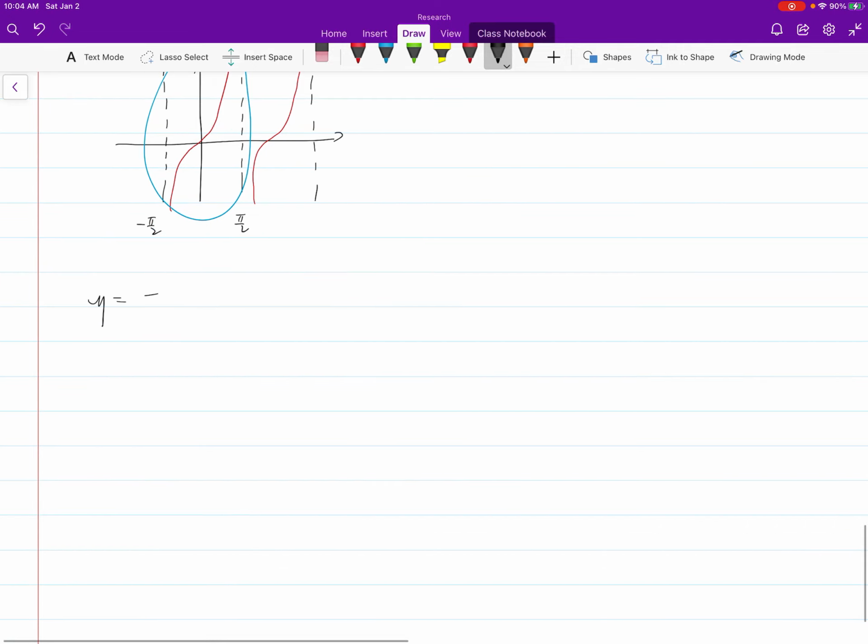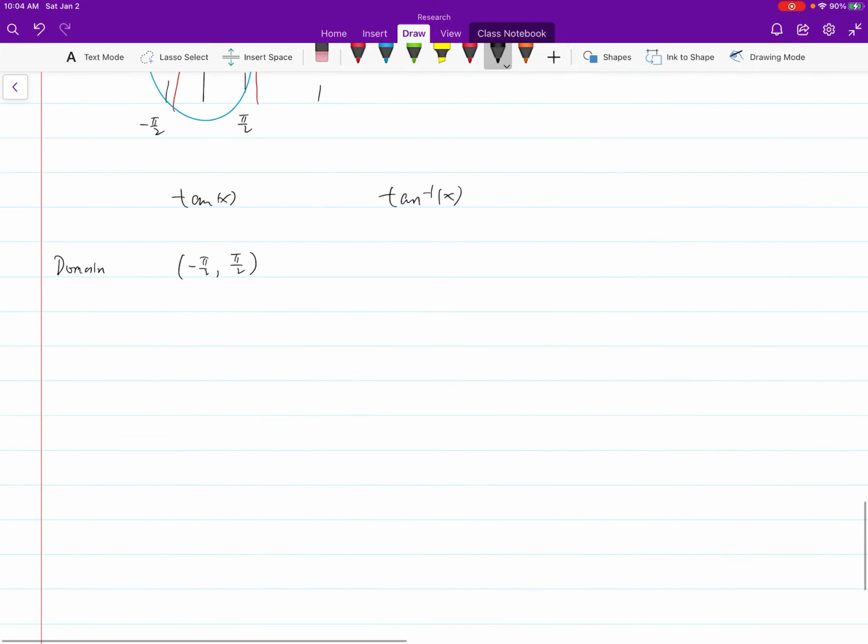So of course, we have tangent x, tangent inverse x, domain, anything but x cannot be... no. We are already doing this, so note the difference.